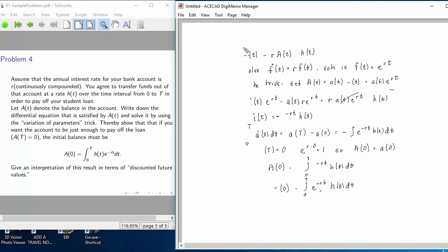So you don't have to solve these differential equations. If you use this concept of discounted future values, you get exactly the same effect.